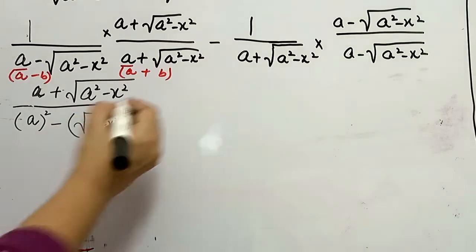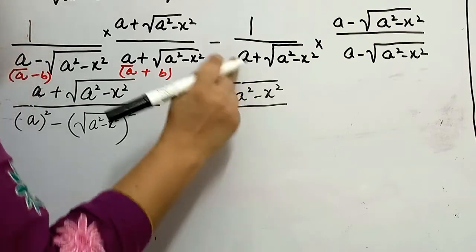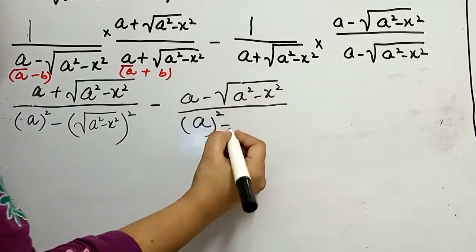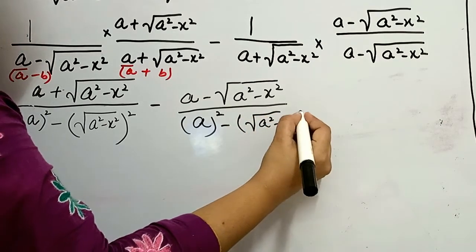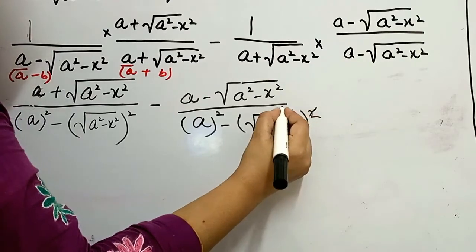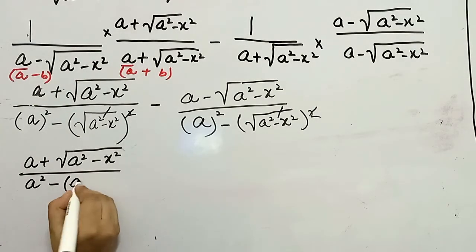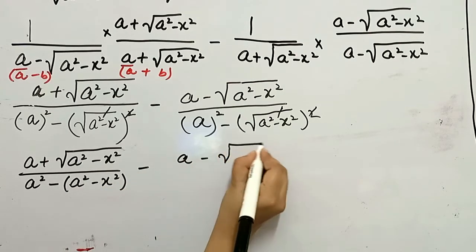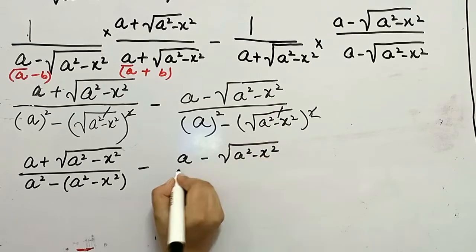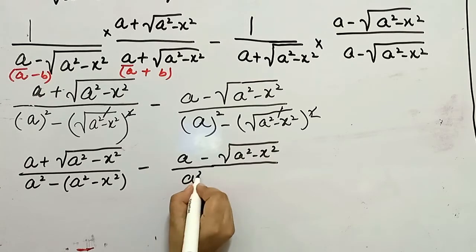Then for the other term, again a plus b into a minus b, so a square minus under root a square minus x square whole square. This will be cancelled. This under root is cancelled. A square minus x square. A minus under root a square minus x square will be the same, and the denominator is a square minus x square.